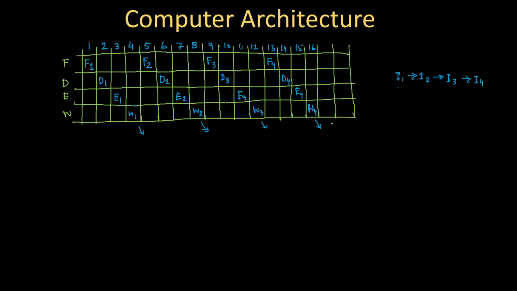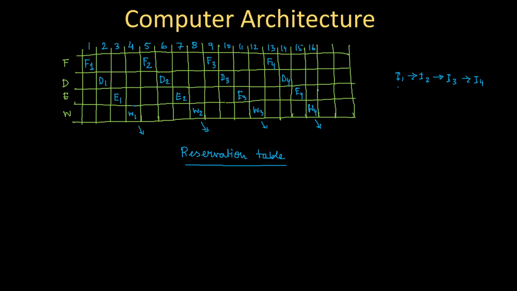So now you see, this is what we call the reservation table. What does the reservation table reflect? The reservation table reflects the use of different stages at different points of time, in each clock cycle, right?